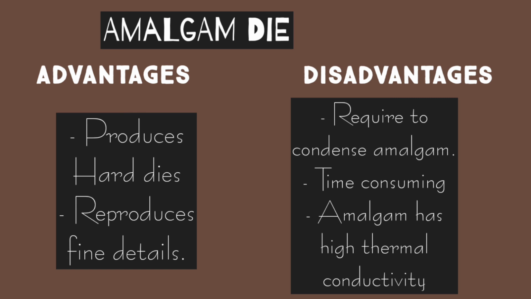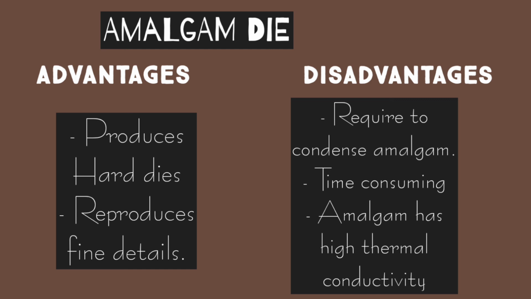In advantages, they produce a hard die and they reproduce fine details. In disadvantages, they require skill to condense the amalgam into the impression, this is a time consuming process, and as amalgam has a high thermal conductivity it can cause sensitivity to the pulp. So these are the advantages and disadvantages of the amalgam die.